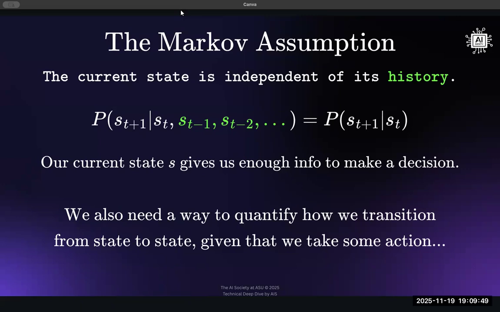Those previous states, t minus 1, t minus 2, we don't have to look at those. Our current state is independent of those, so we don't need to consider them. We can just get rid of them. It's just saying the current state is giving us enough information to make a decision.